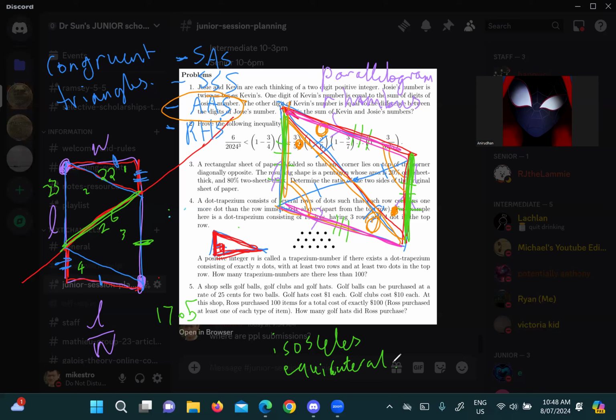Okay, so if you think it's isosceles, now the task is to understand why it's isosceles, or in other words, prove it's isosceles.